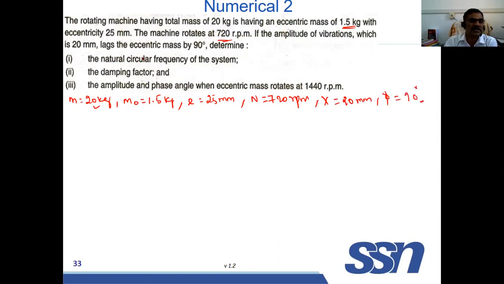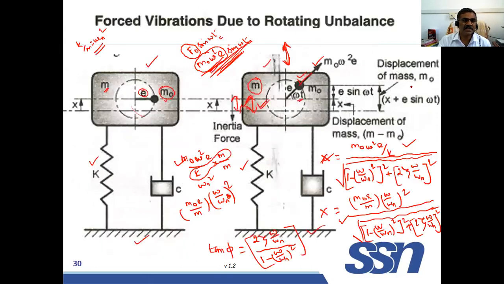So the first step is to find the natural frequency. In this problem, it is given that phi is equal to 90 degrees. What is meant by phi equal to 90 degrees? The phase angle difference is 90 degrees. We have already discussed this.